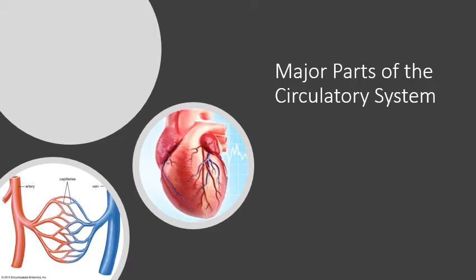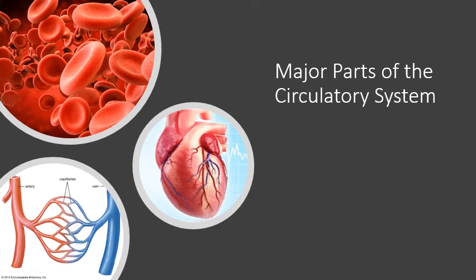The veins, which carry the deoxygenated blood to the heart. And the capillaries, which are the smallest blood vessels in the body, connecting the smallest arteries to the smallest veins. They are the actual site where gases and nutrients are exchanged. And last, we have the blood. The blood carries the materials throughout the body.